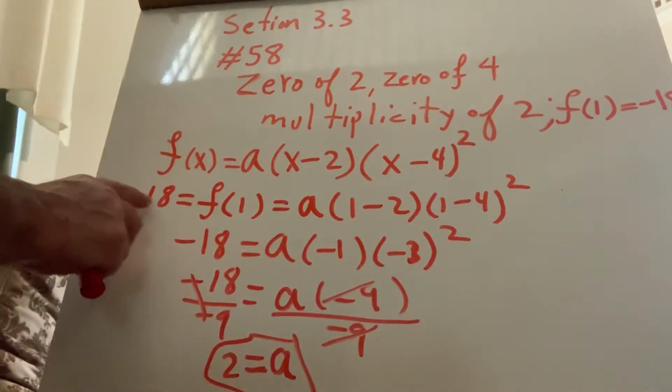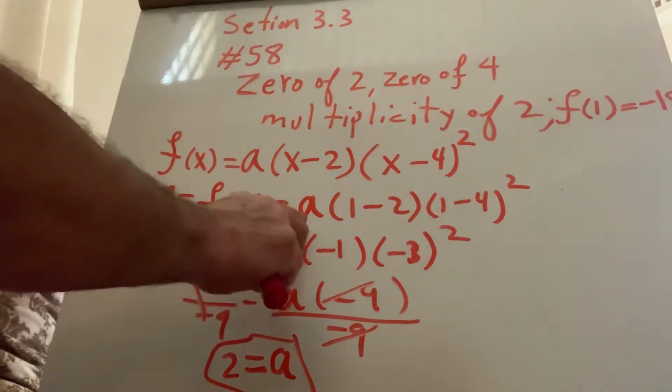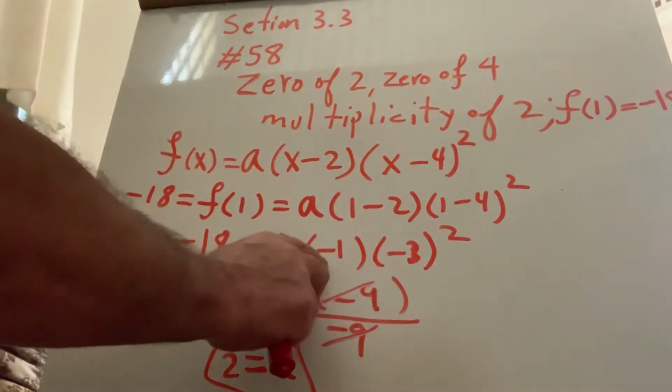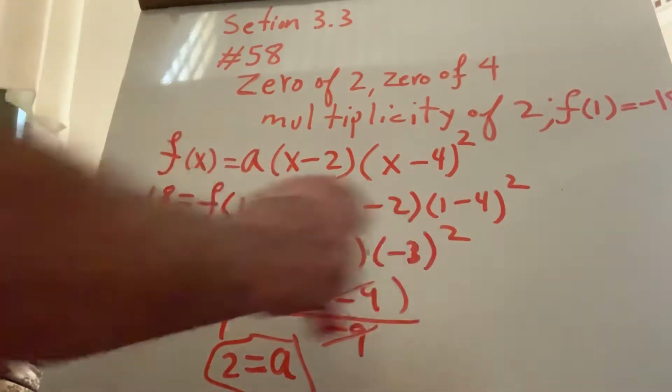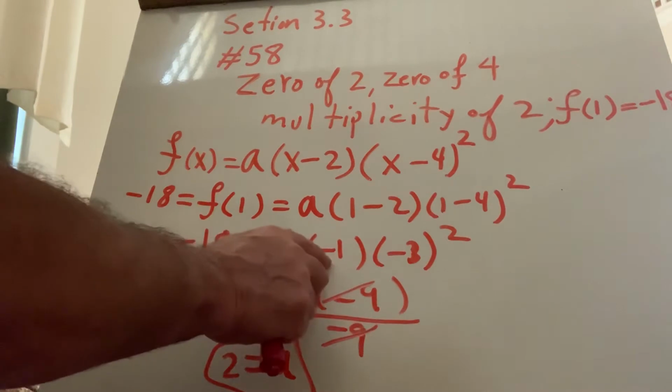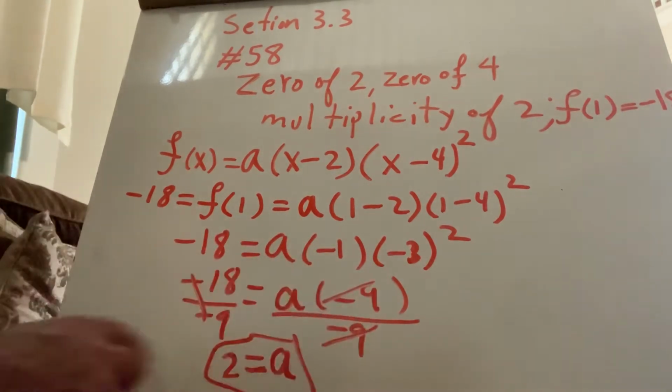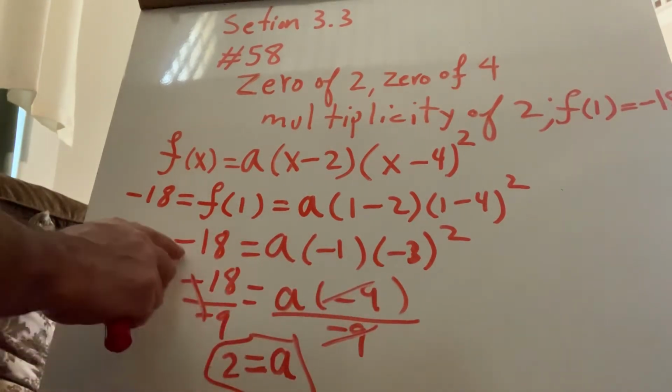We don't need to write f of 1 anymore, we just bring negative 18 down from the left. A is still there. Don't forget you still square that negative 3, and you get positive 9. 9 times negative 1 becomes negative 9. Of course, you still have the A, and you still have negative 18.